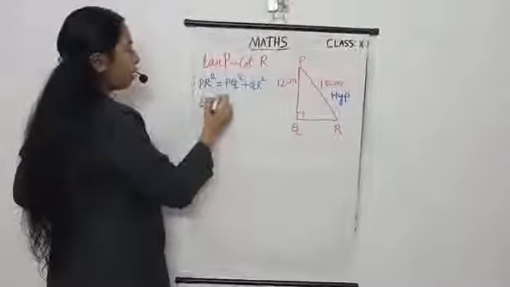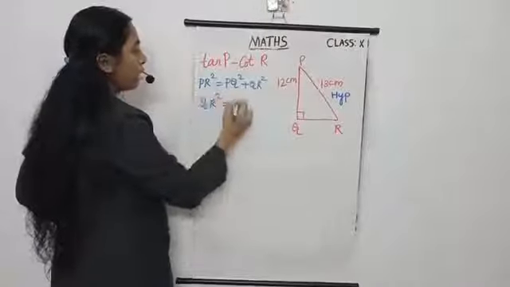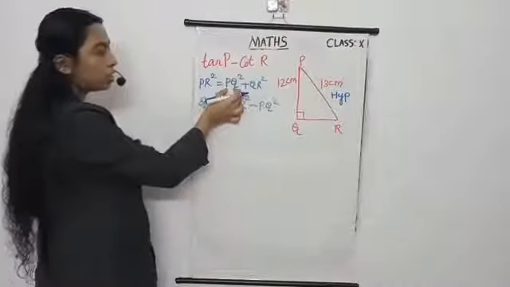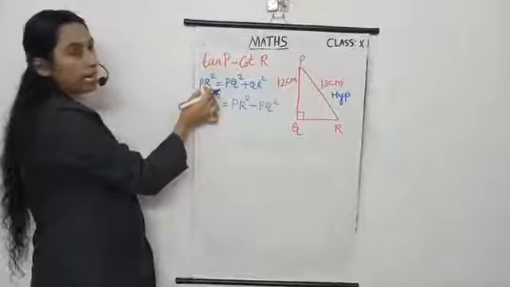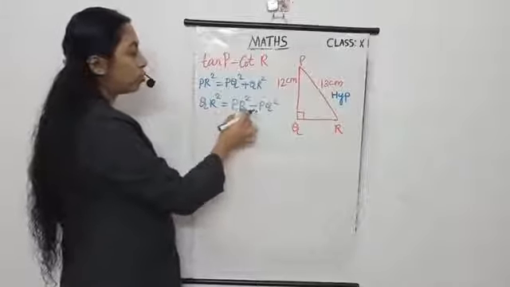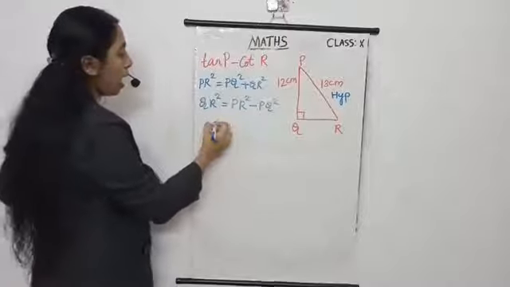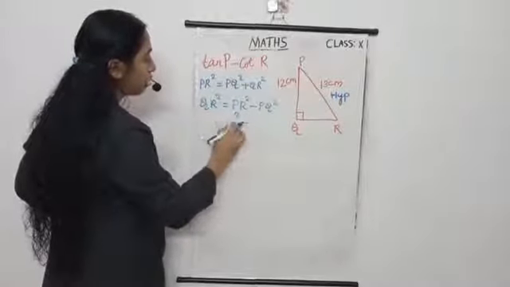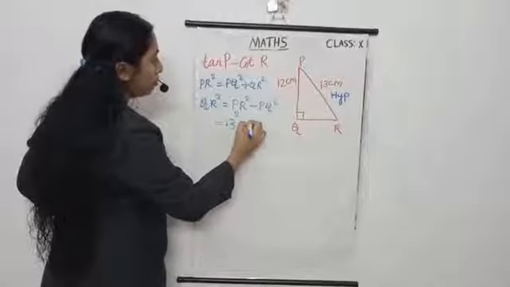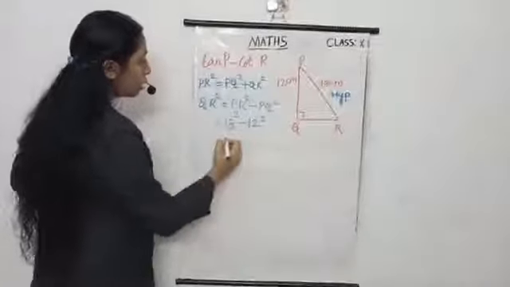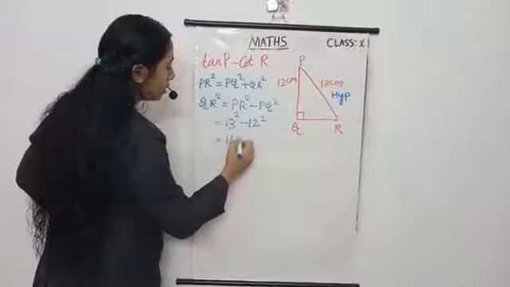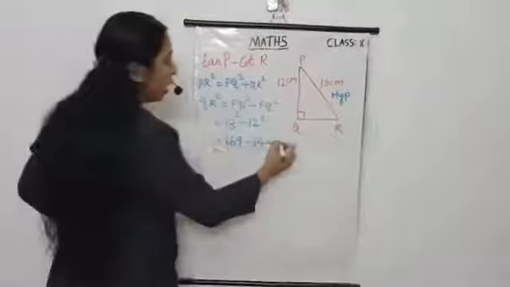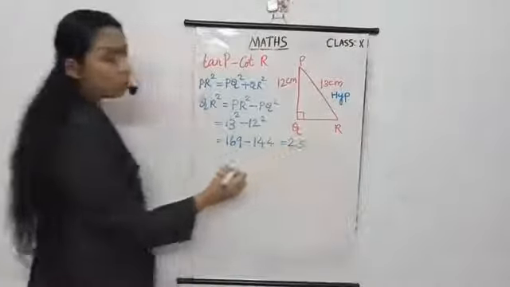Here we need to find QR square. So QR square is equal to PR square minus PQ square. We transpose this PQ square to this side. So QR square equals PR square minus PQ square, which is 13 square minus 12 square. 13 square is 169, minus 12 square is 144, and after subtraction we get 25.